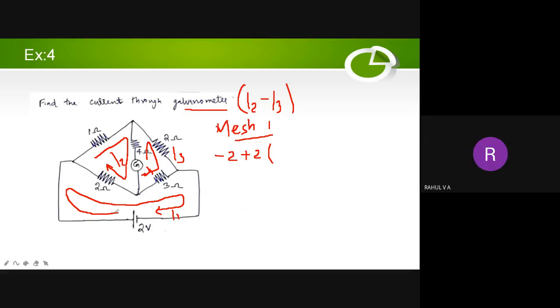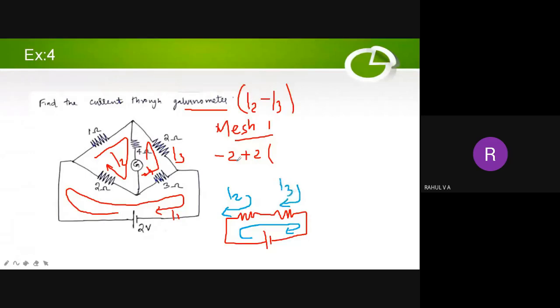Okay, so actually in this particular mesh you have two resistors, a 2 ohm resistor and a 3 ohm resistor, and current I1 flows like this. There is current I2 here flowing opposite to I1, and I3 is also flowing opposite to I1.